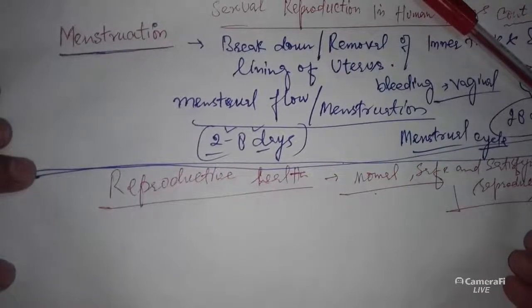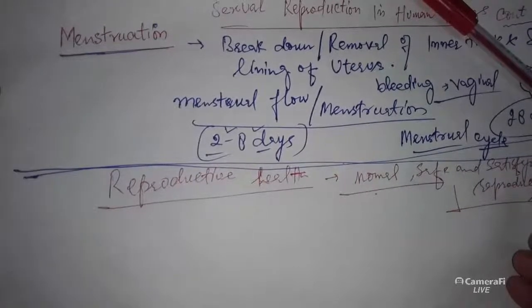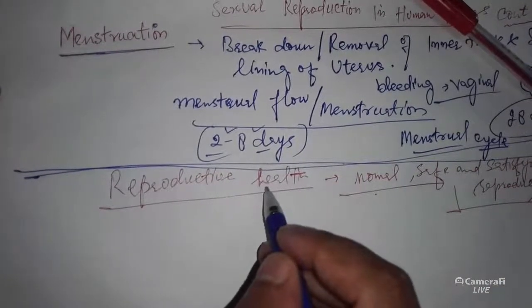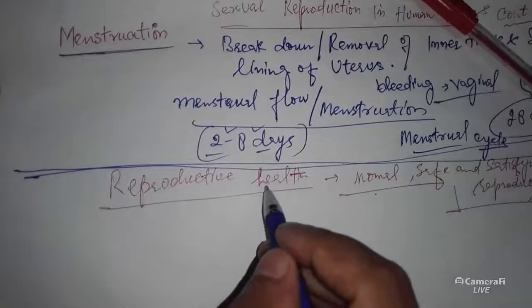As we see, there are some consequences with other systems of our body. The reproductive system is also affected by some issues.